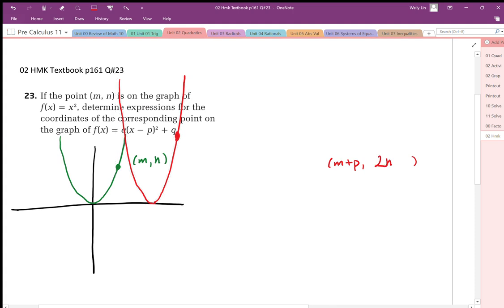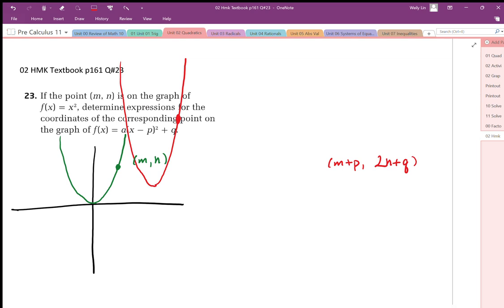And furthermore, we're now going to shift it up. We're going to take that 2n coordinate. So at this point, it's at a y coordinate of 2n, and we're going to shift it up q. So it's now gone from a point of 2n, and we're going to increase it by q, so we're going to add q to that coordinate.